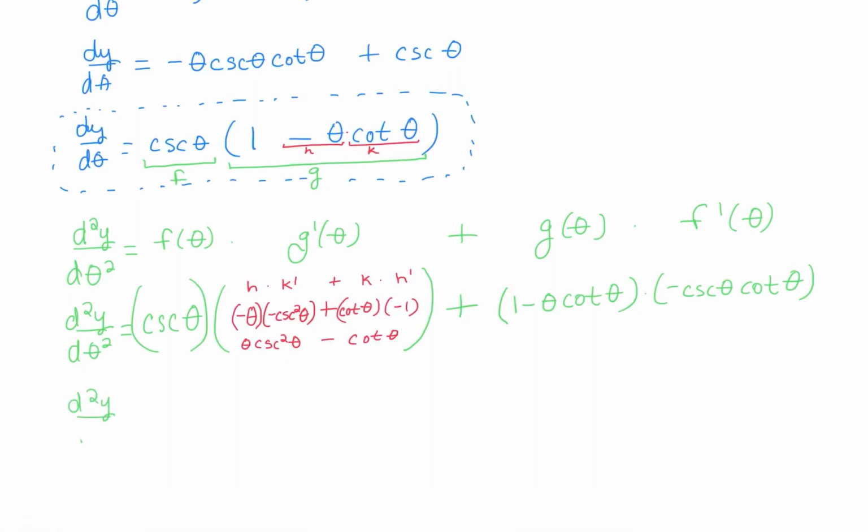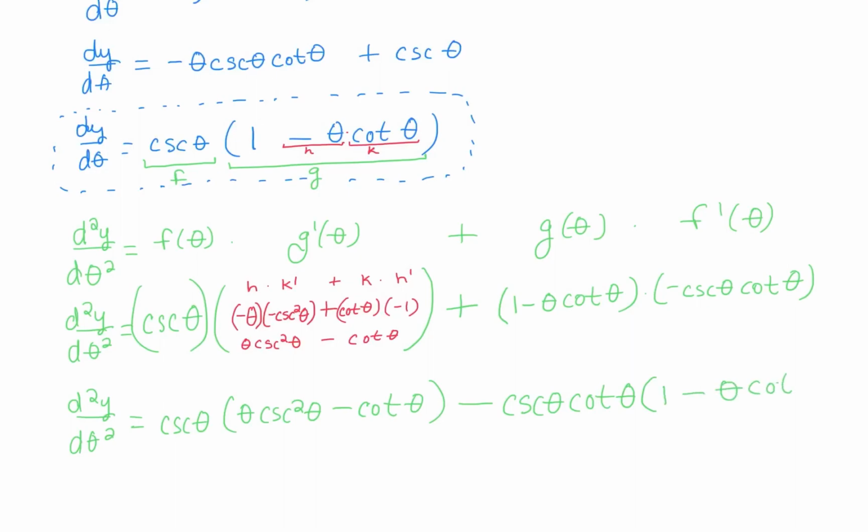So let's rewrite and see where we are. My second derivative has my cosecant theta in front, times my theta cosecant squared theta minus cotangent of theta. And then I would put the minus cosecant theta cotangent theta, that monomial portion first, and then times the binomial of the 1 minus theta cotangent of theta.